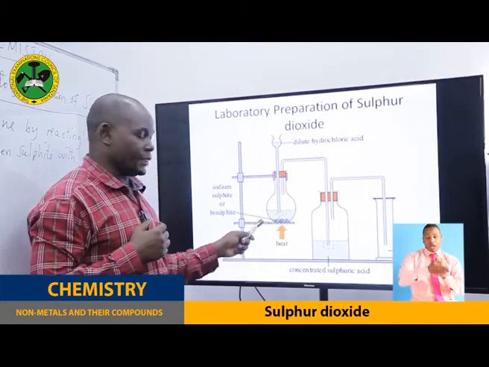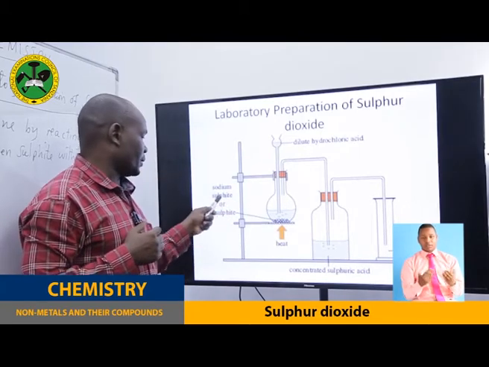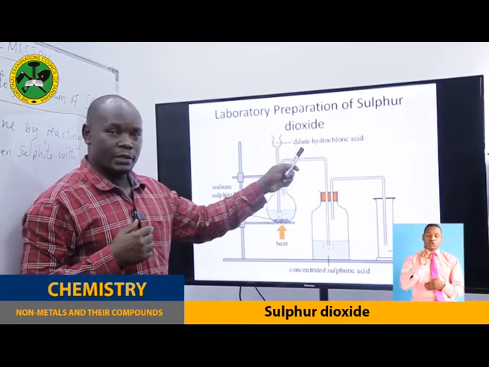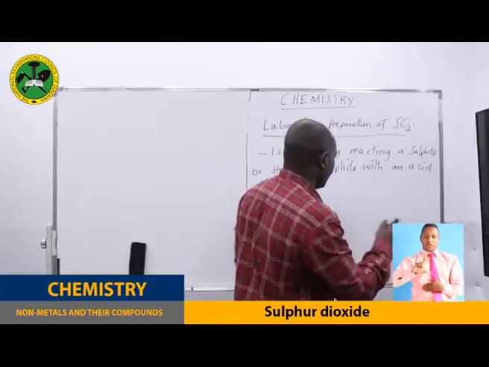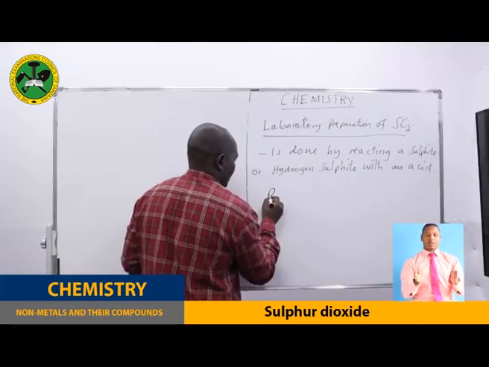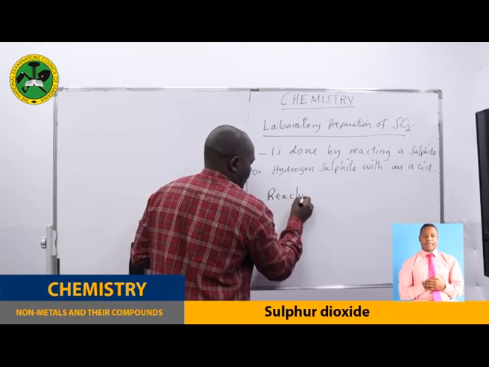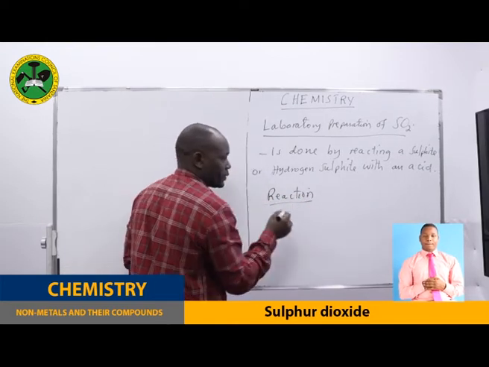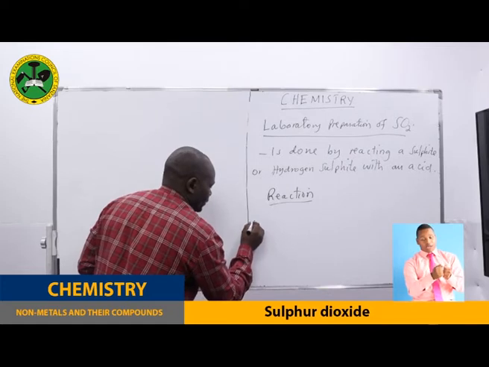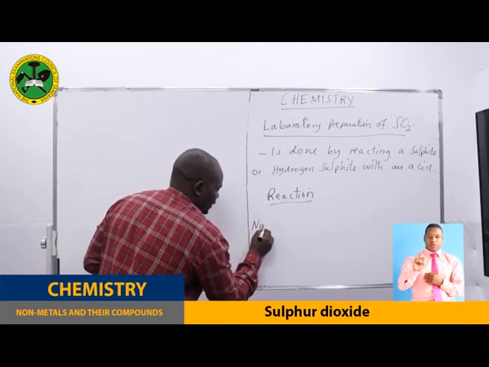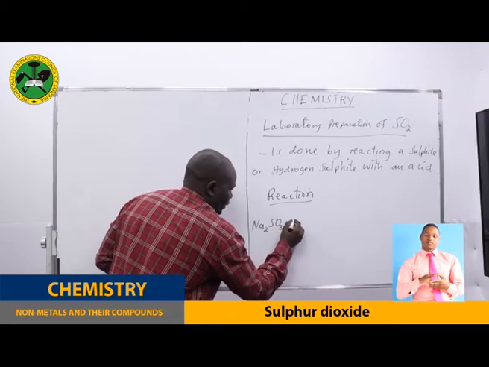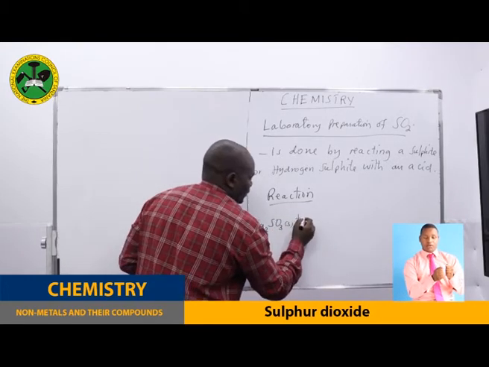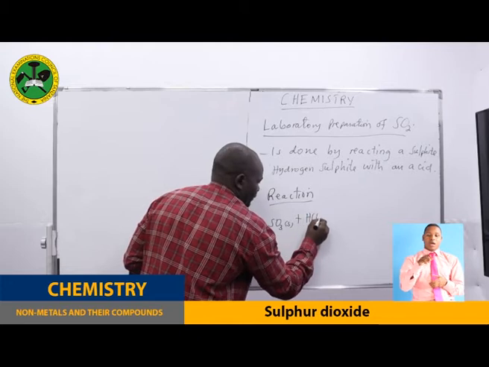And that chemical reaction, since here we have taken sodium sulfite and dilute hydrochloric acid, you can see the reaction here. You have sodium sulfite reacting with dilute hydrochloric acid.